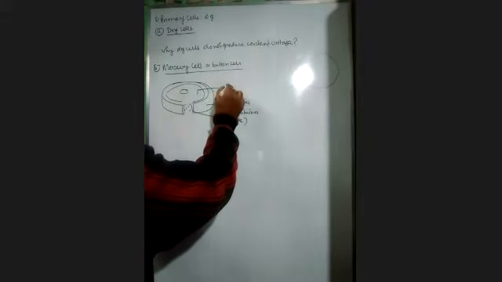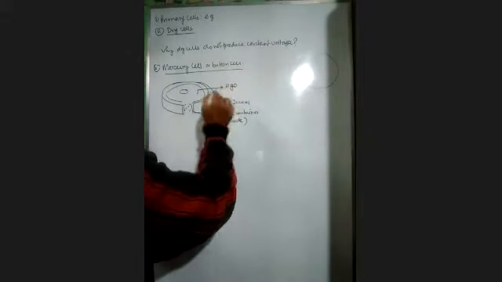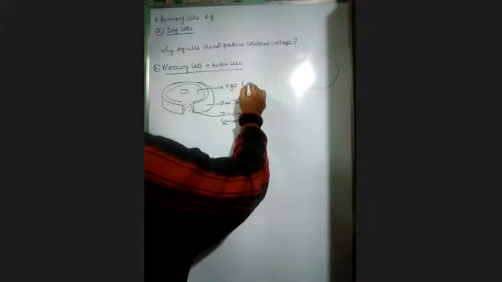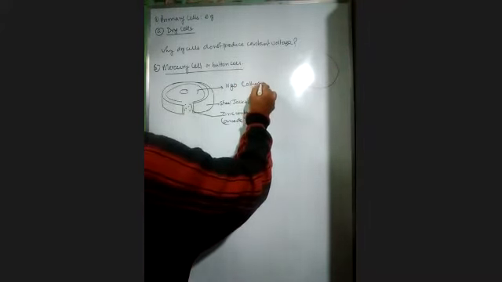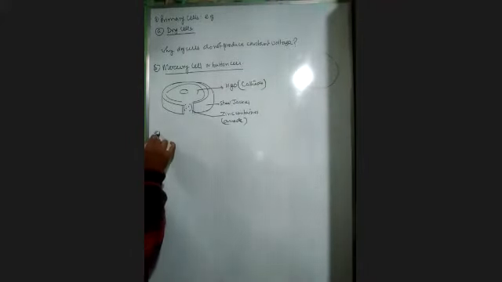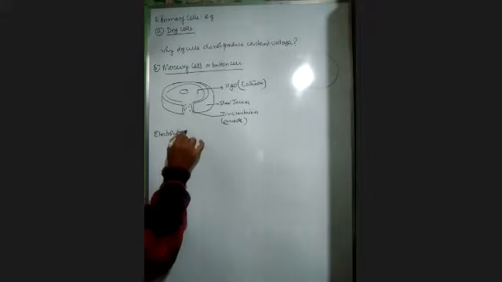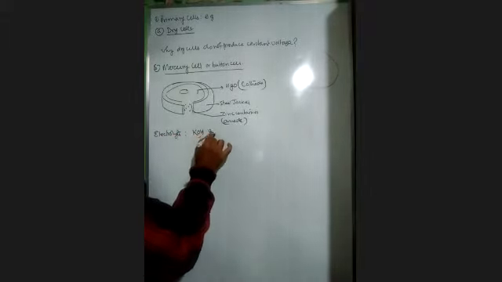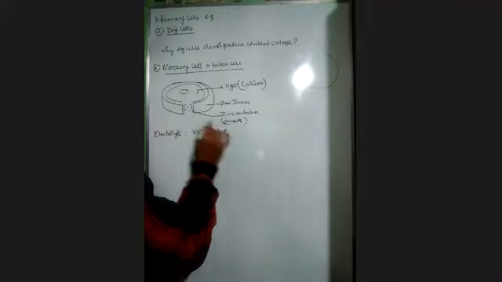Here you will find mercury oxide used as a cathode. Okay, cathode. And the electrolyte is potassium hydroxide and zinc oxide.